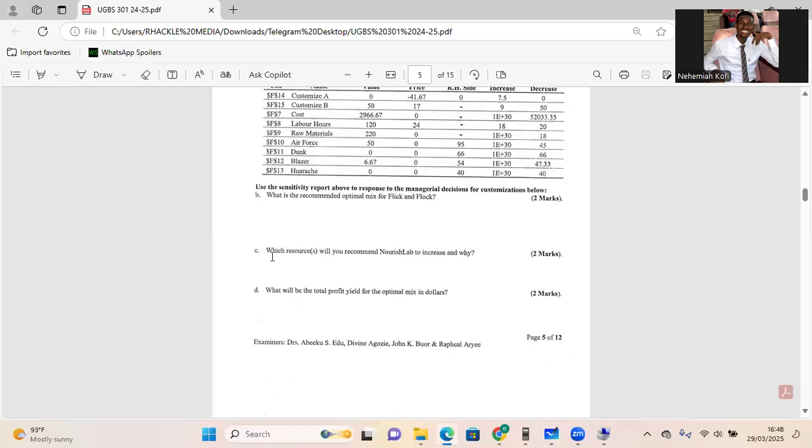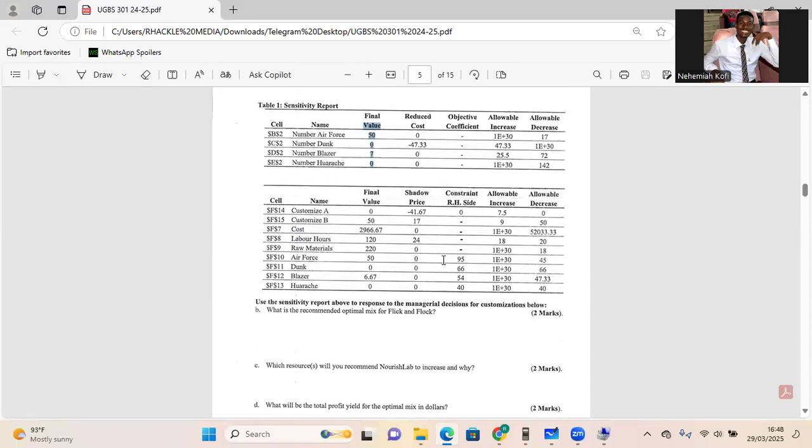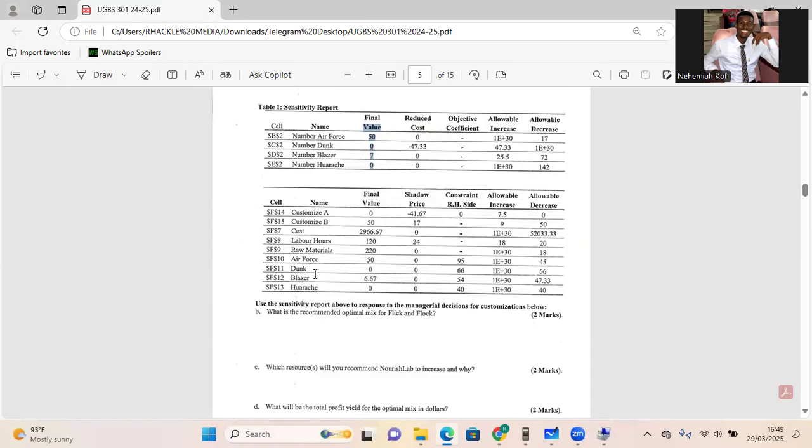C is asking which resource you will recommend Flick and Flock to increase, and why. Now you come to the constraints. This question is asking you from the constraints. So you check the constraint that has the highest positive shadow price. Looking at it, this is the one with the highest shadow price here.